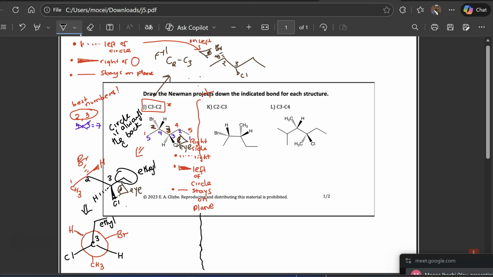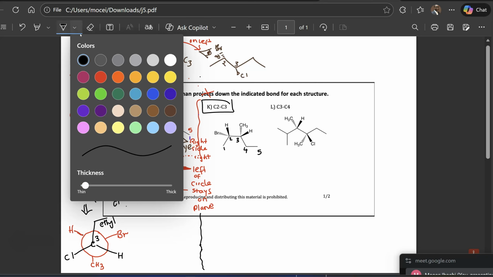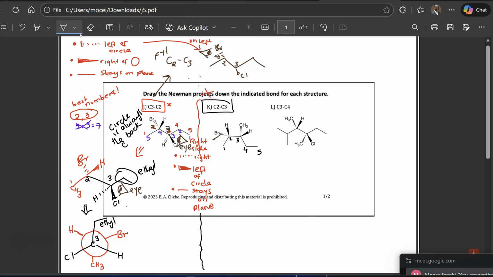Now, this time around, you need to go. This is the correct numbering. I'm not going to details. We need to go C2, C3. I'll draw the eye and wait on you. Okay.